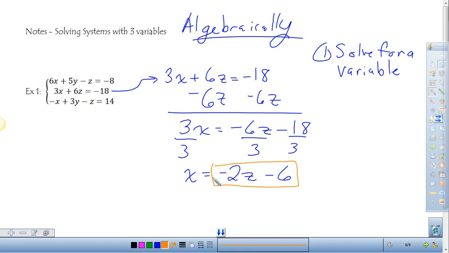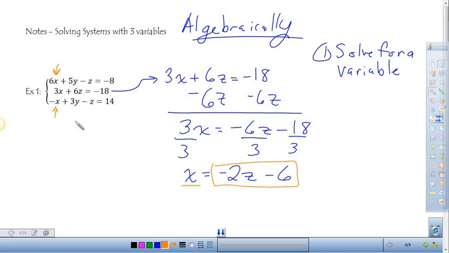So we're going to take what x equals, and we're going to substitute it in for x here and for x here. You might want to flip over and use the back of your paper. Because I'm going to show you something else for example 2, so you hopefully won't need the back of your paper for it.